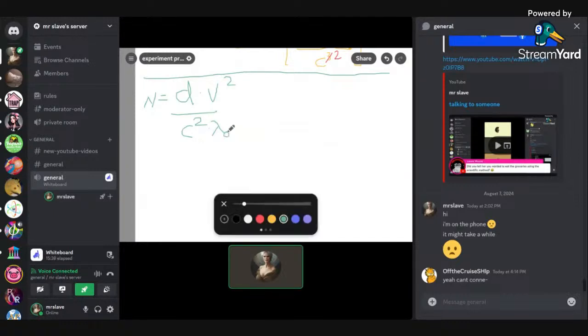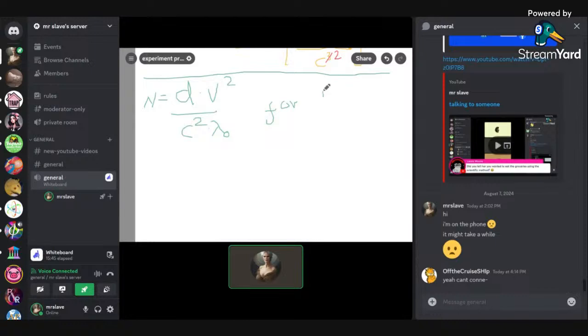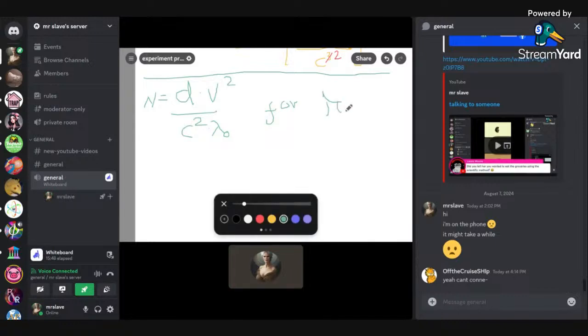This is the equation for pi radians, meaning 180 degrees. No, 90 degrees. Wait a minute, no, it's pi over 2. This is pi over 2 radians, meaning 90 degrees.